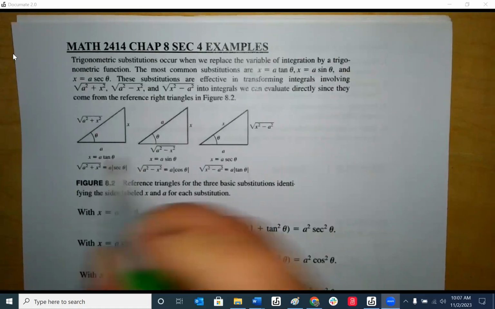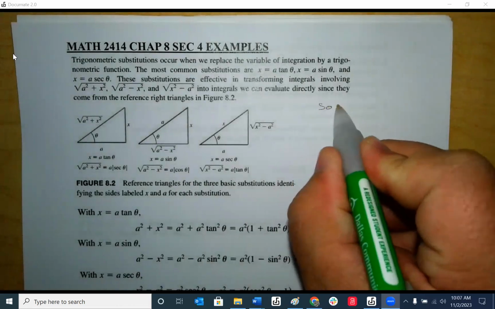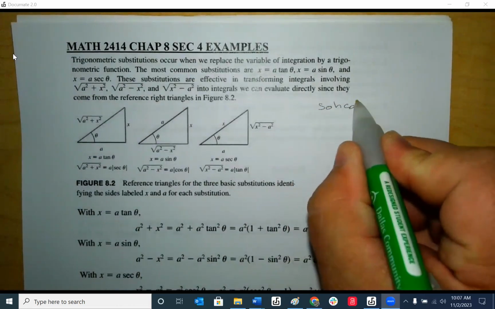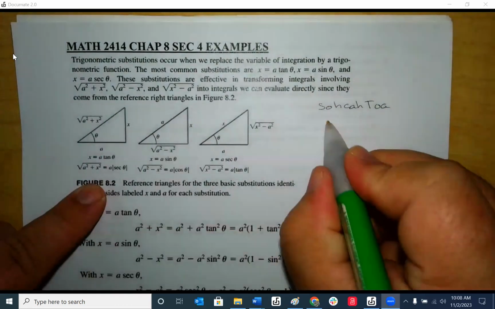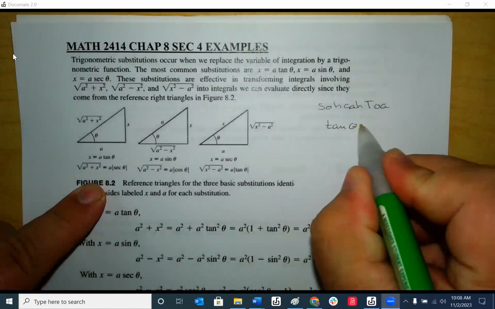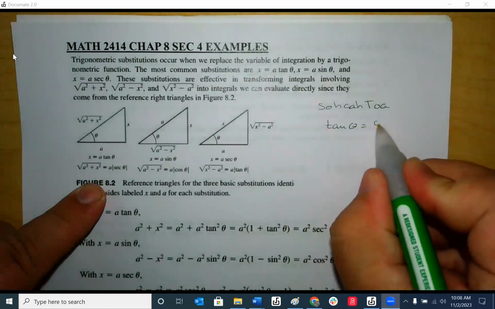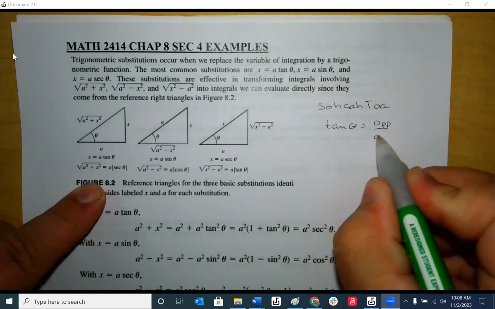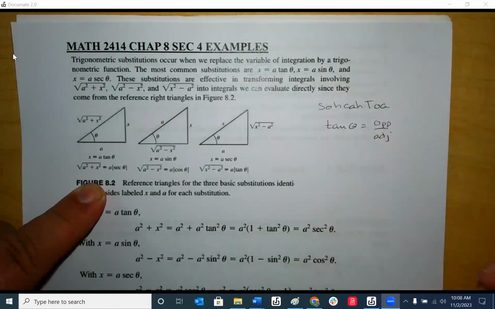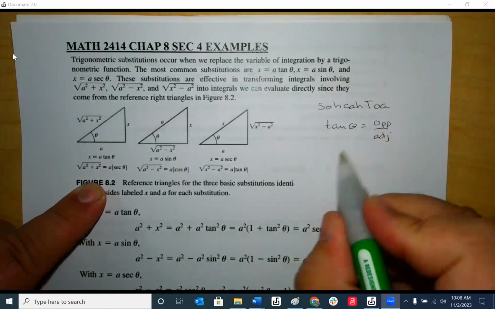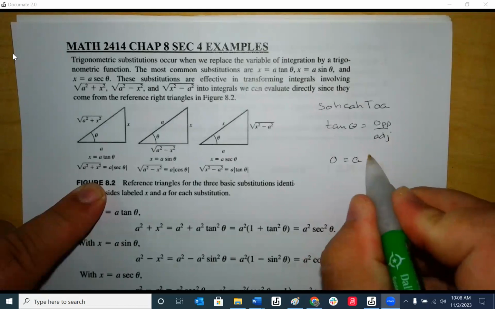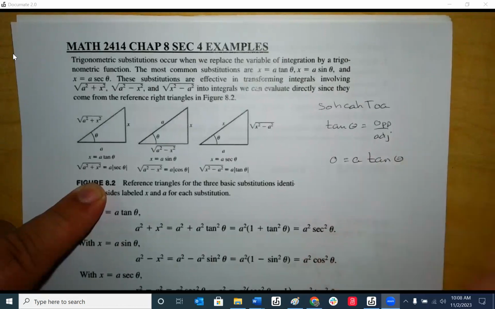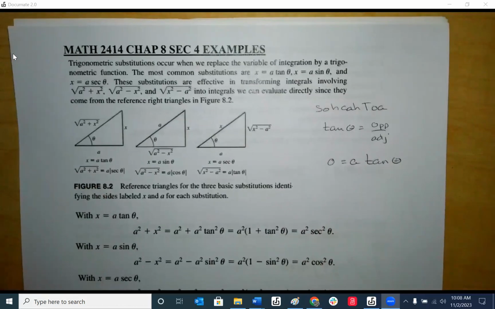The rule of tangent, using SOHCAHTOA, tangent of theta equals opposite over adjacent. Or if we multiply both sides by the adjacent, we have opposite equals adjacent times tangent theta. And that's what this is all talking about here.